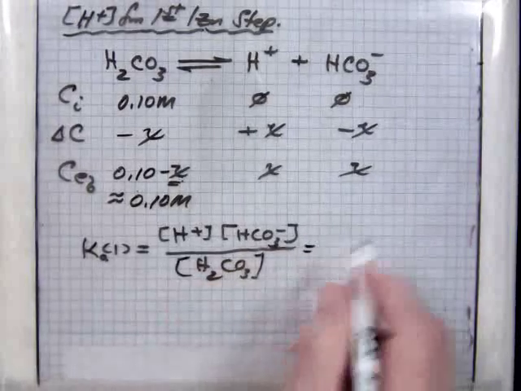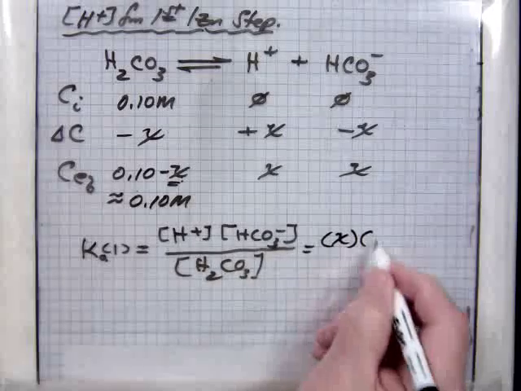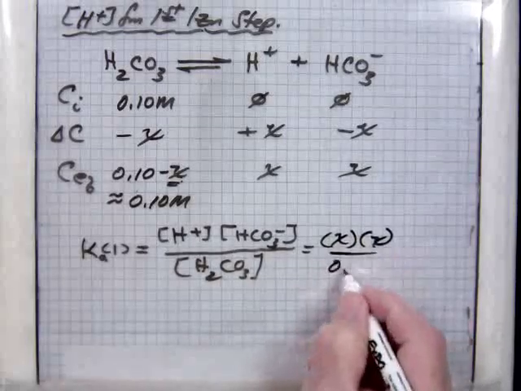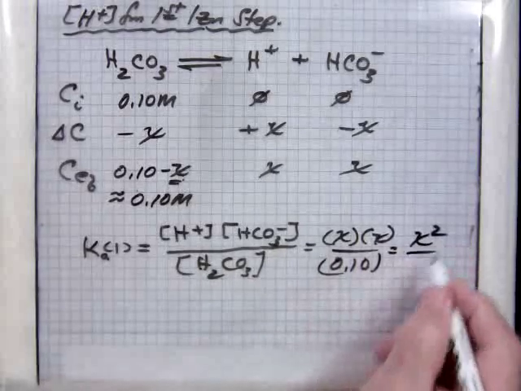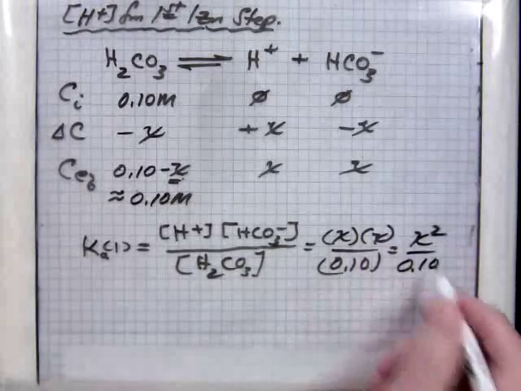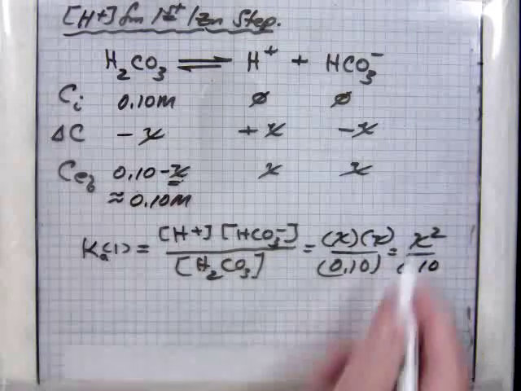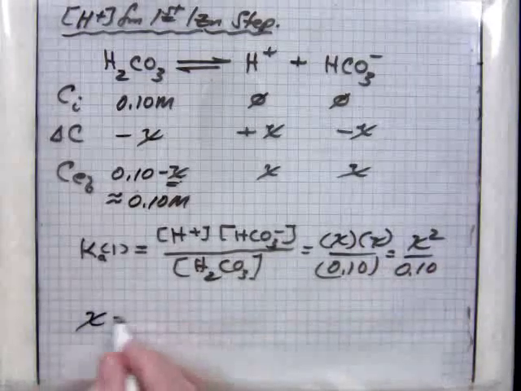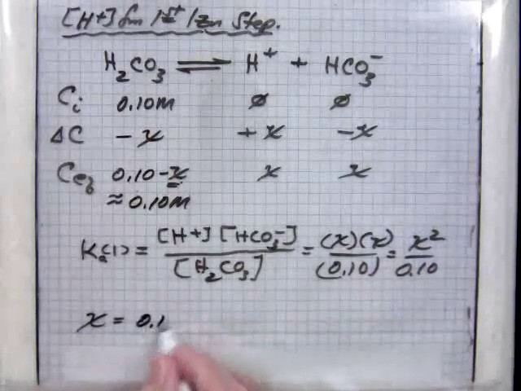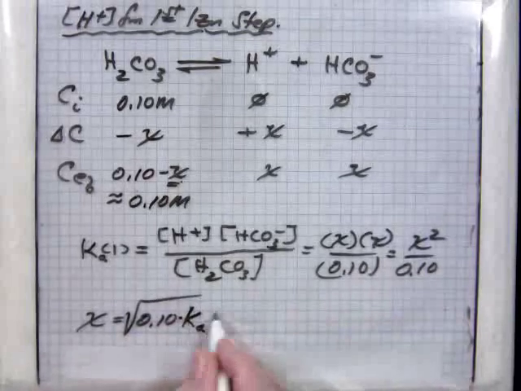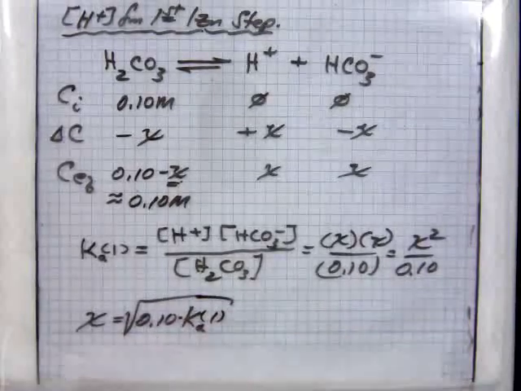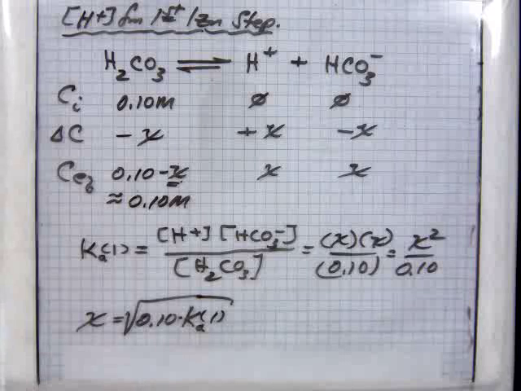And of course that is X times X over 0.10, and that's X squared over 0.10. So solving for X in here, we have the square root of 0.10 times the Ka1. I just do that for emphasis. You'd probably shortcut it anyway.